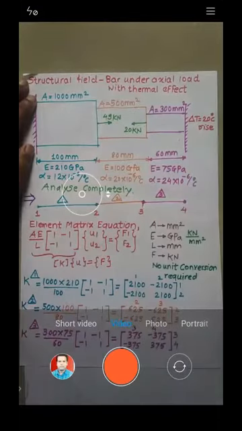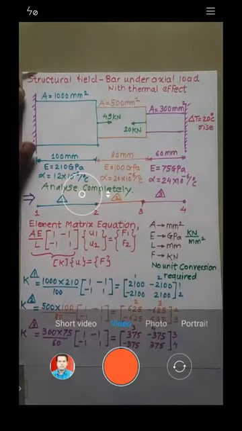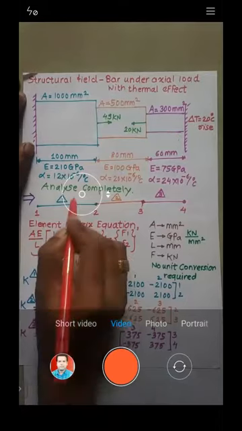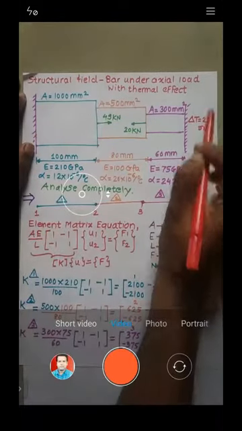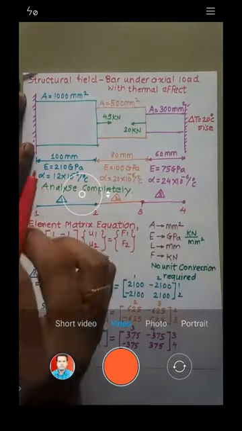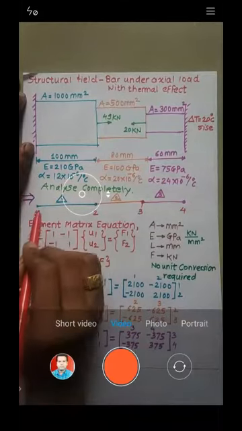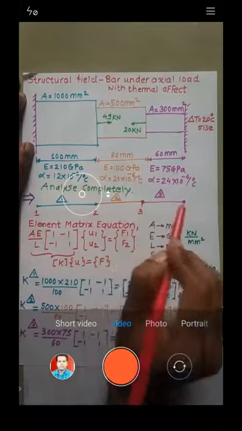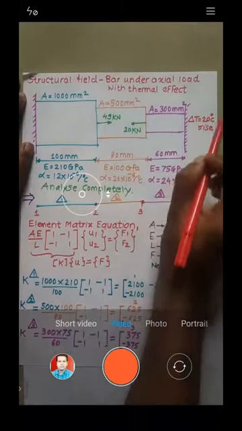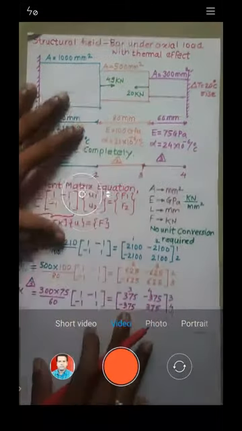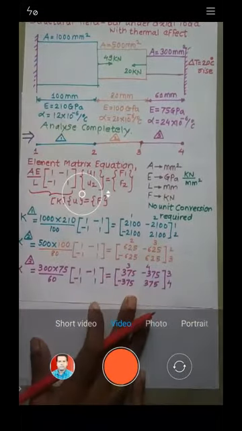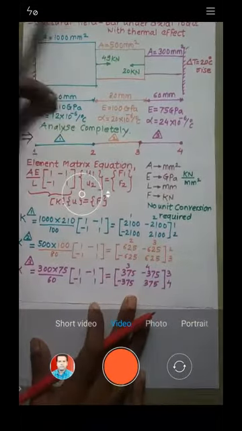So here we first need to calculate the forces developed at the nodes of the element due to the rise in temperature. In order to do that, let's start with element number 1.